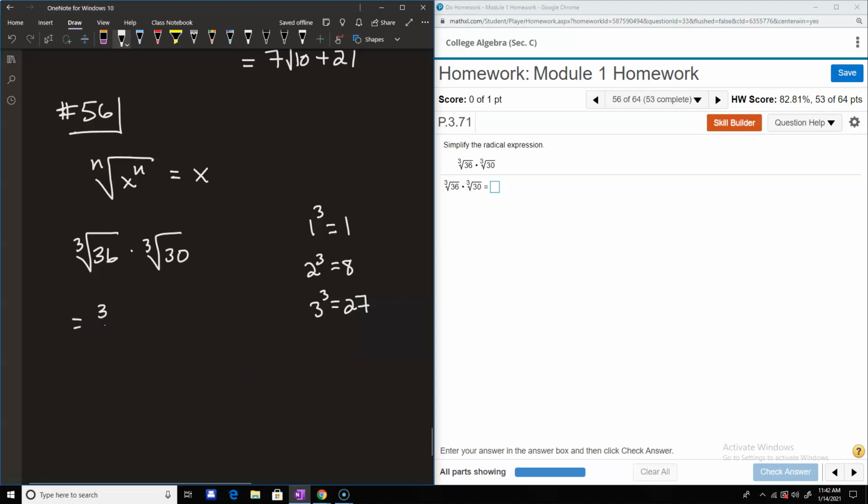So if we multiply these things together, the cube root of 36 times 30, that would be 1080. So it might not be clear if anything's going into that. You could check on your calculator.